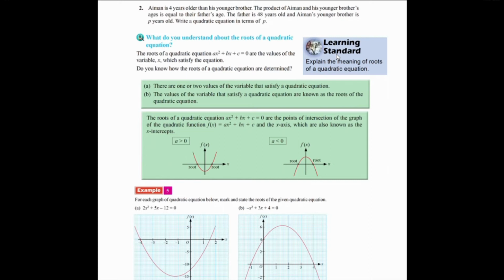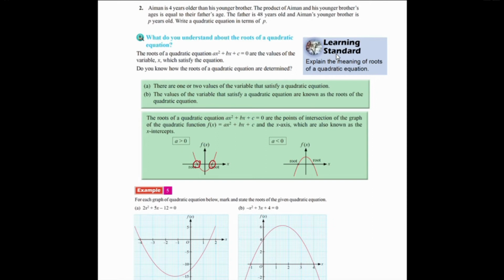Okay, and if the quadratic equation is transformed into a graph, the root is the x-intercept, where the graph intersects the x-axis.